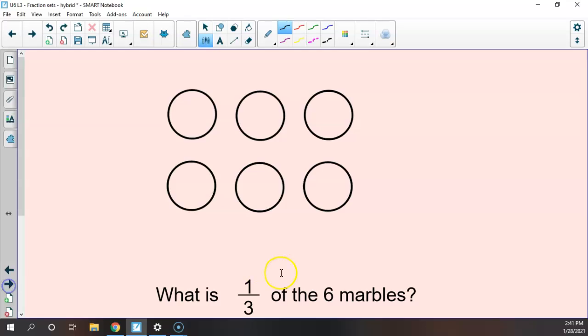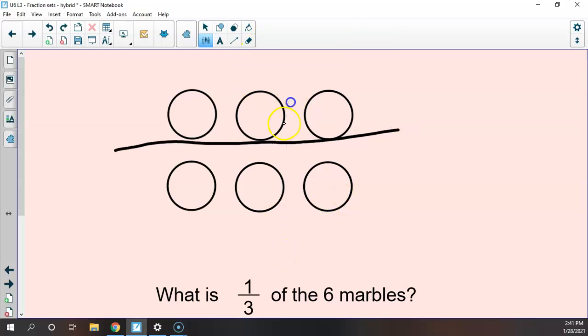All right, let's try this with another one. Now we need to find out what 1/3 of the marbles are. So 1/3 of those 6 marbles. Now I'm going to think of this as 1 out of every 3. So I see this already where I can split it like this in 2 groups of 3. So I'm going to go ahead and shade 1 in each of those groups.